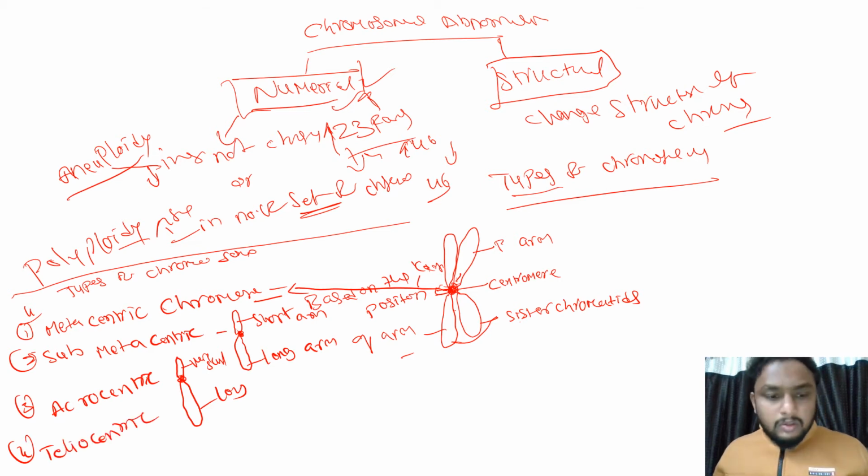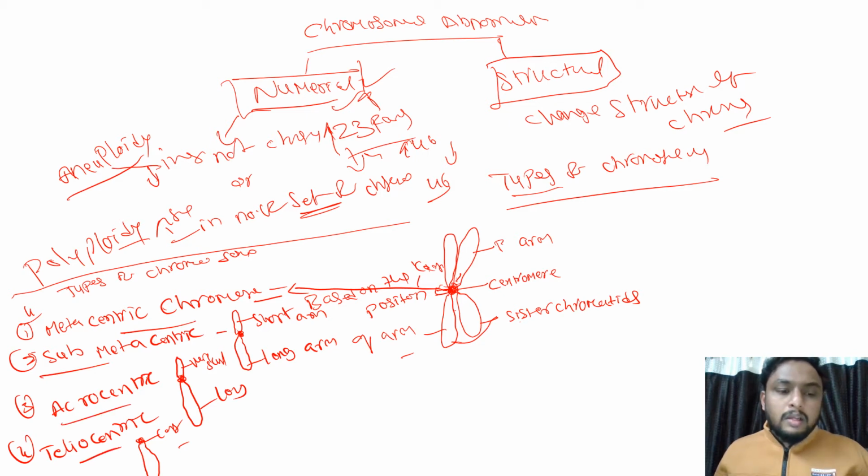Telocentric. Here the centromere is present at the top of the lower arm. So these are the types of chromosomes. Usually telocentric is not present in humans.